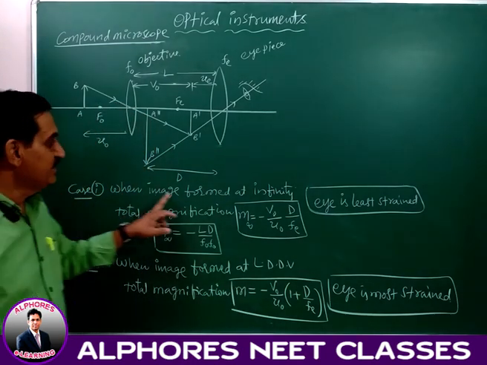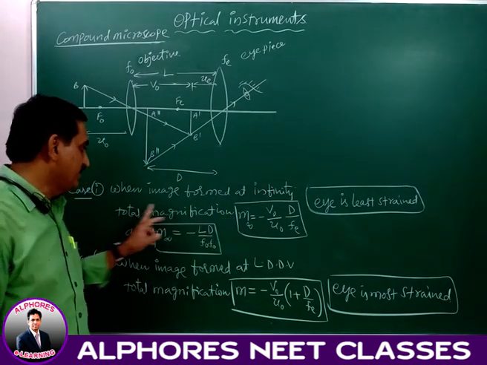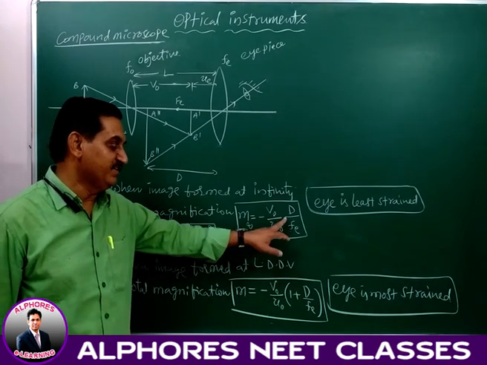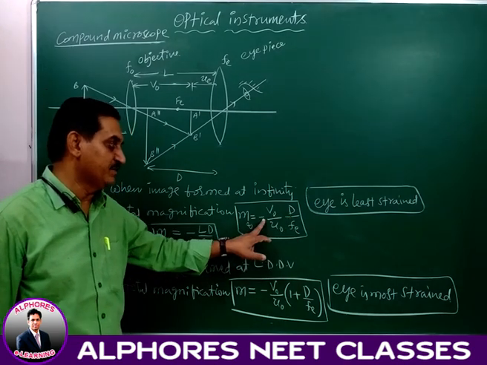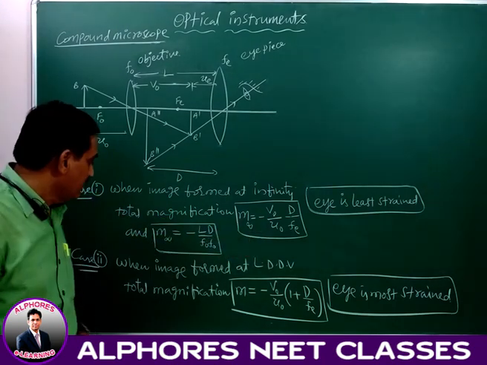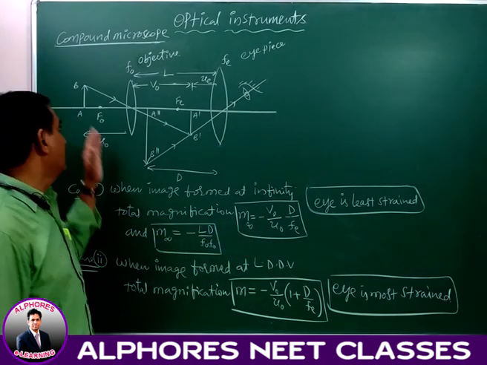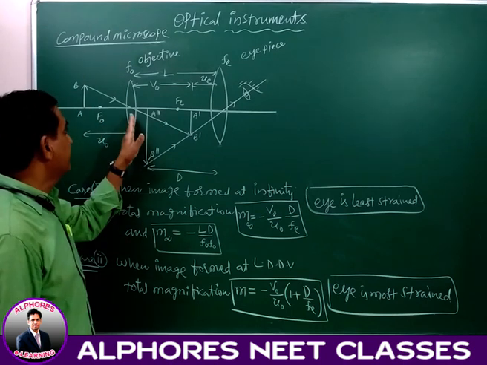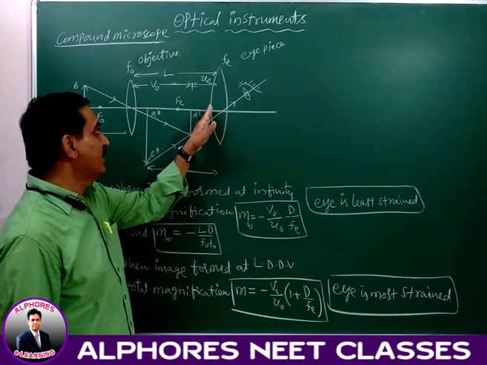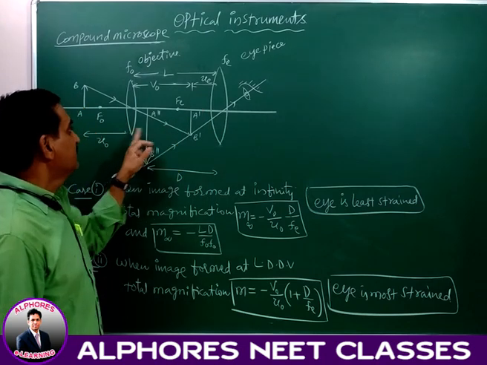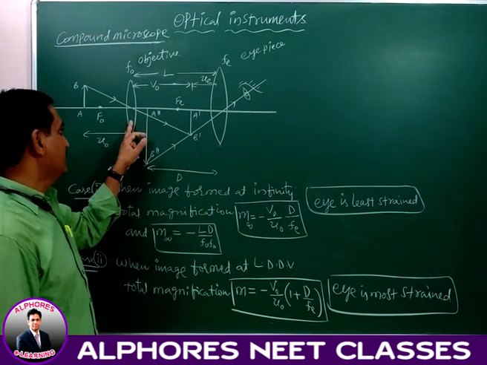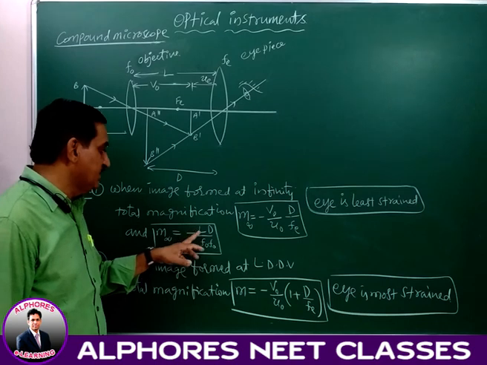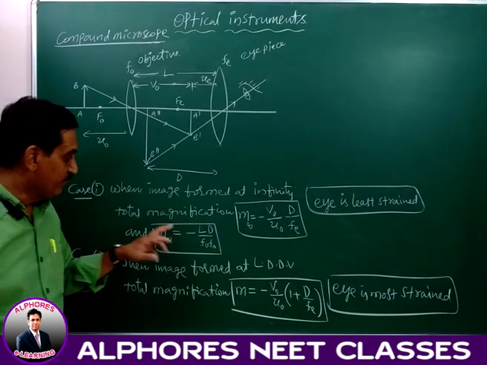Okay? When the image is formed at infinity, the total magnification formula is V naught by U naught into D by Fe, but minus. And this is the other case, when the object is kept very close to the focus of the objective lens and its image goes very close to the eyepiece, then the distance of the image formed by the objective lens is equal to L, the length of the compound microscope.